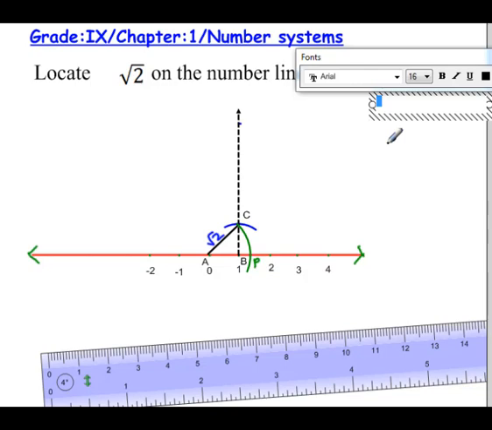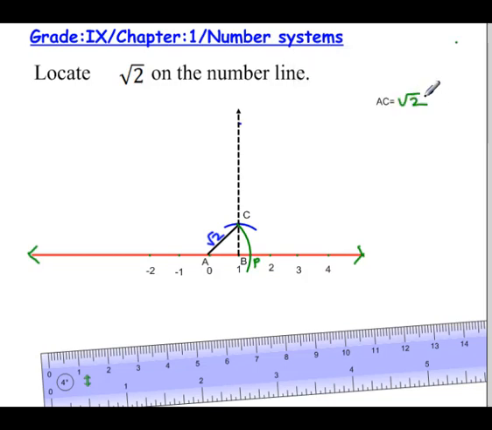Now to locate root 3 on the number line, I will take AC equals root 2, and from C I will draw a perpendicular. Let's take the length of the perpendicular as CD, and I will take CD length as 1 unit.